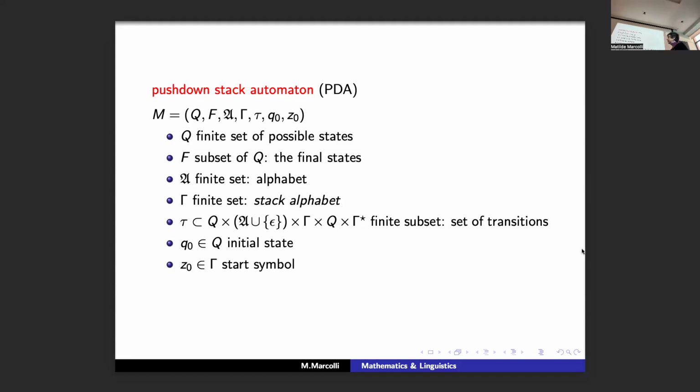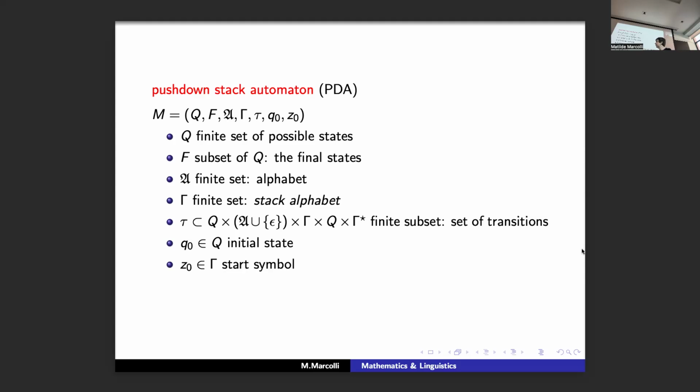And then you have transitions, and transitions no longer go between one state and another according only to which letter of your alphabet you read on the tape. You also read one letter that is at the top of the stack. The only thing you can read is the last thing that was put into the stack, and along with moving to a new state, you also deposit another string in the stack, of which the last thing will be the next thing visible that you can get out of the stack.